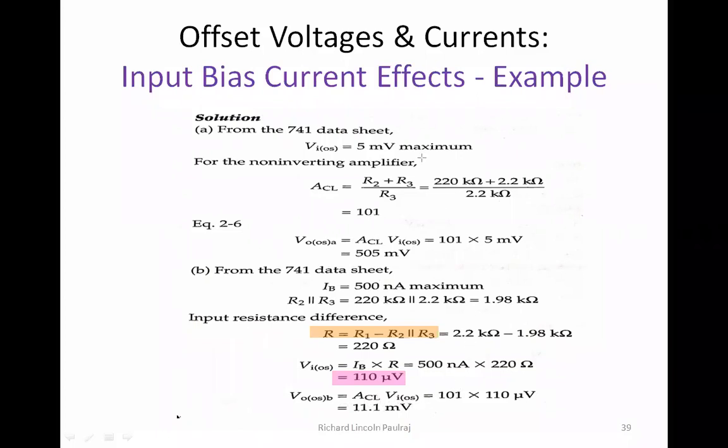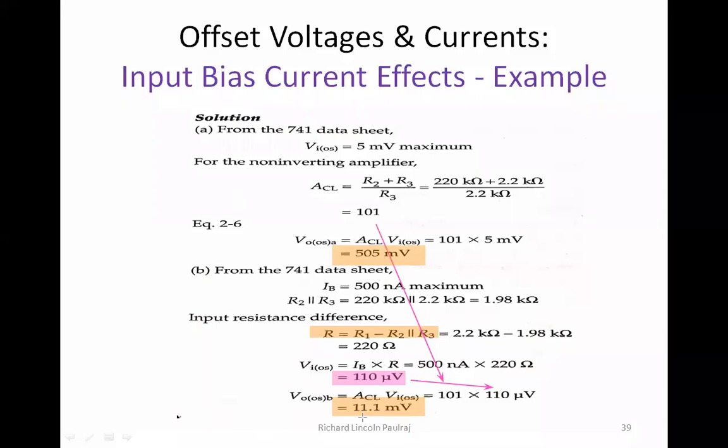We take the same value here and put it, and we take this 110 here. Ultimately the final value is about 11.1 millivolts. You can just compare: here I'm getting about 505 millivolts, but here I'm getting about 11.1 millivolts. So there's a huge difference.